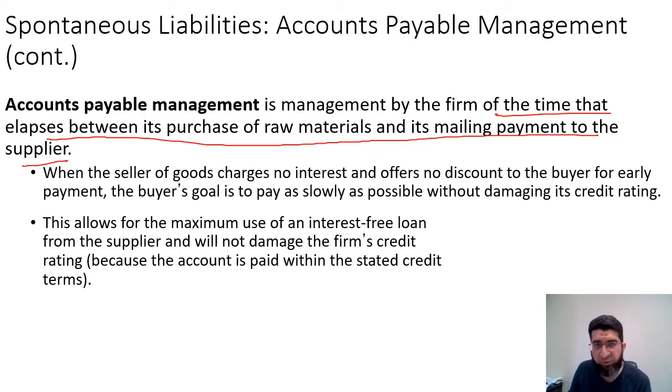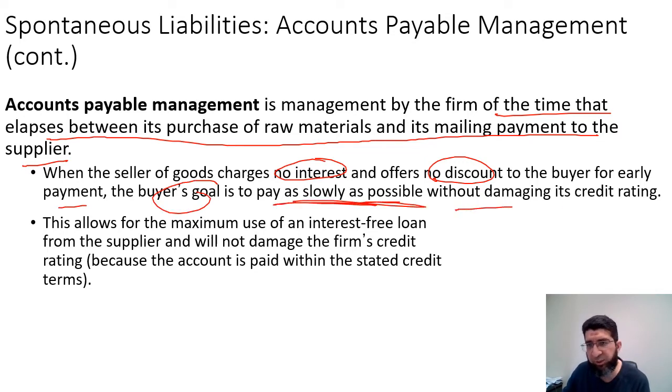When the seller of goods charges no interest and offers no discount to the buyer for early payment, the buyer's goal is to pay as slowly as possible, stretching it without damaging its credit rating. Please remember that this credit rating doesn't mean a special rating done by a credit rating agency. It's more like the trust between the two firms should not be damaged.